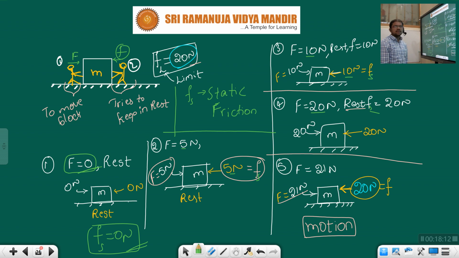When the applied force increases, static friction also increases in order to keep the body in rest condition. So friction can be regarded as a self-adjusting force. Next, one more subject, children.